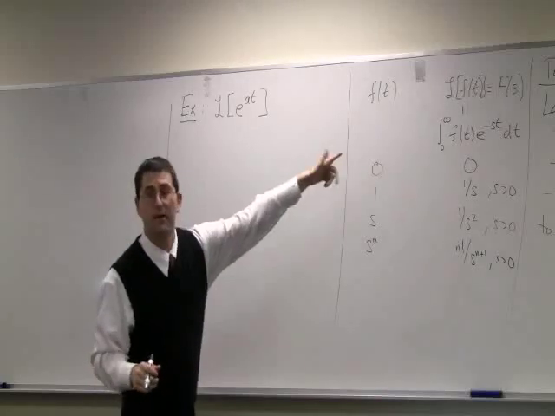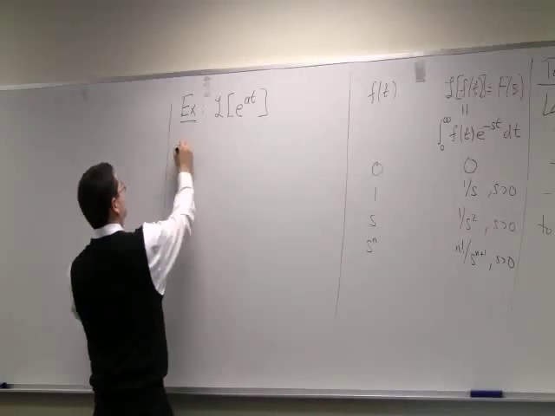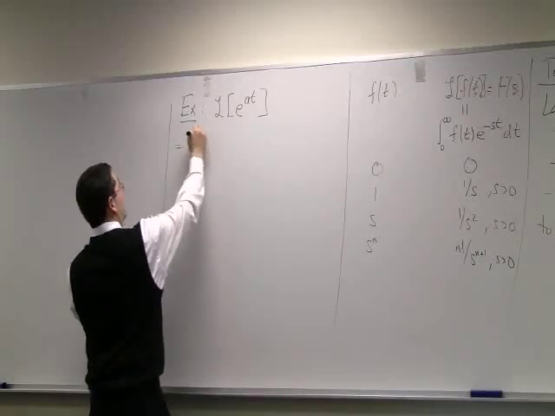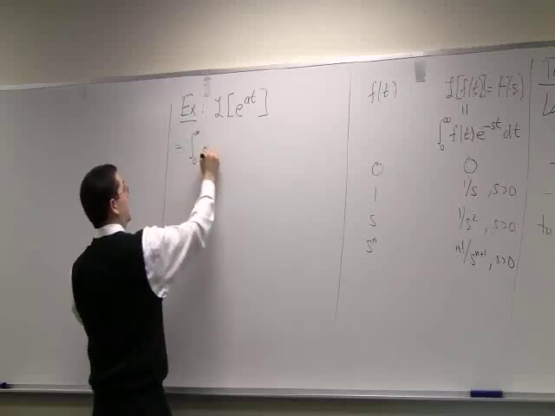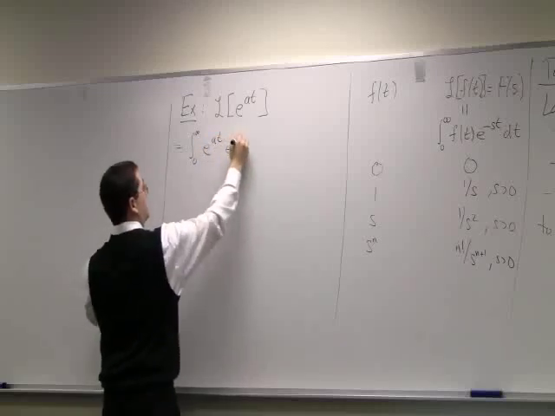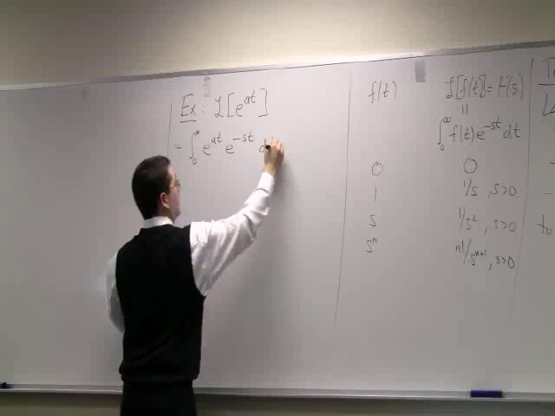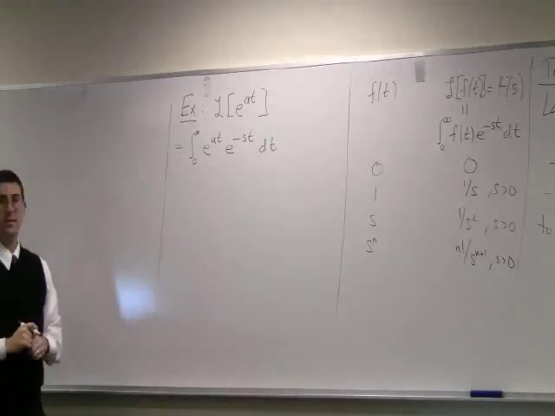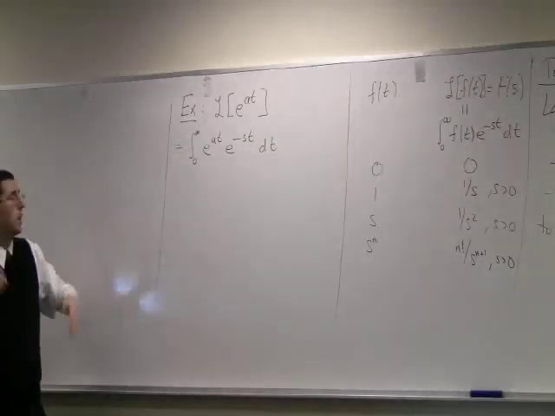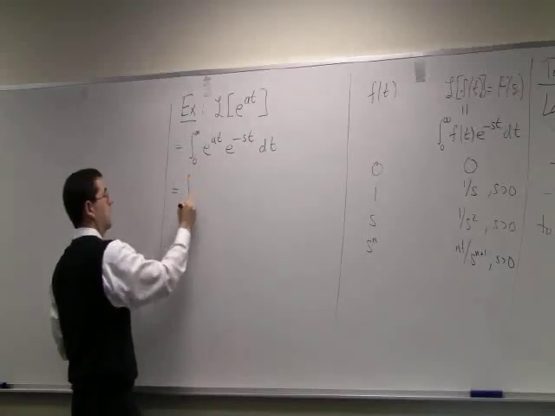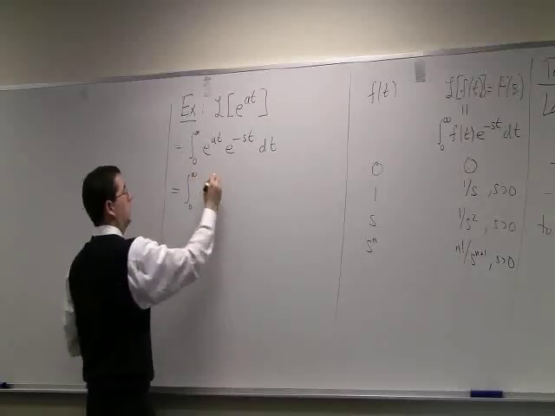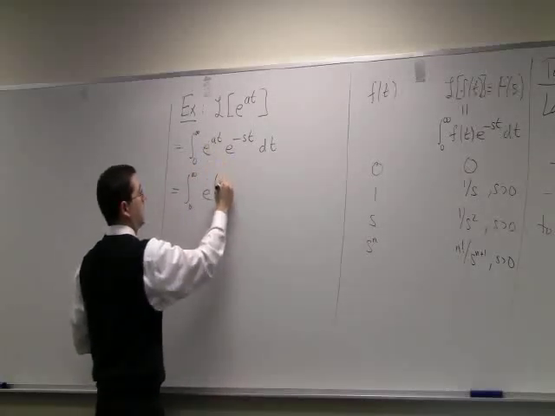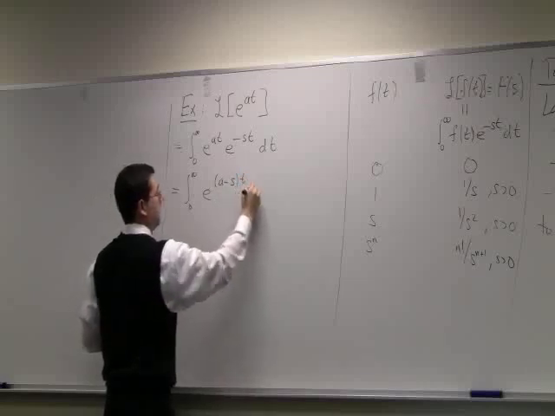All we have to do is plug it into the definition. So this is the integral from 0 to infinity of e to the at times e to the minus st dt. Okay, fine, no problem. We combine this: e to the a minus s times t, dt.